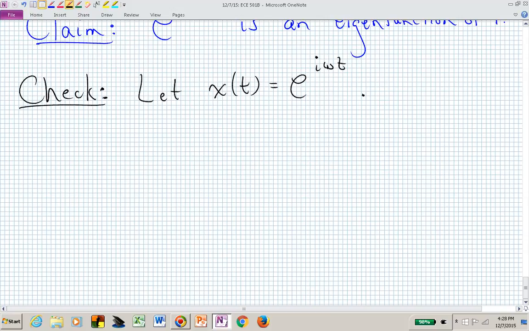So if x of t is e to the I omega t, just remember Euler: you have cosine omega t plus I sine omega t. And that's now your input. Your input is this complex combination of cosine and sine, and you want to know how the system responds to it.